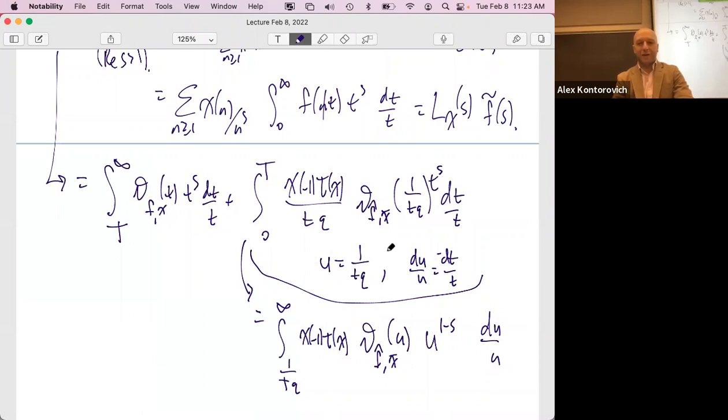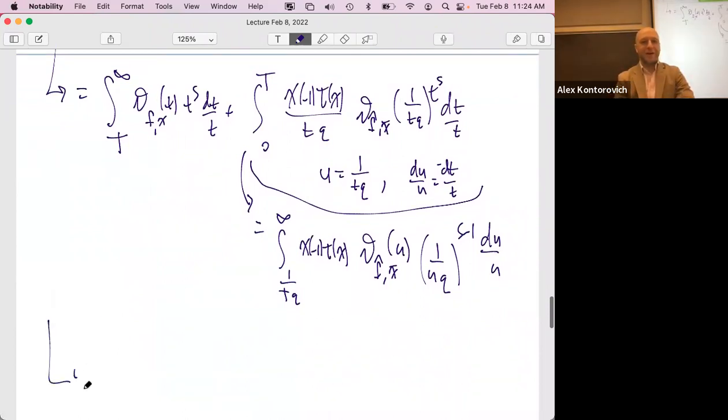I have to do this a little bit more carefully. I had a t to the s minus 1, and t is 1 over qu. So I get a u to the 1 minus s and a q to the 1 minus s also.